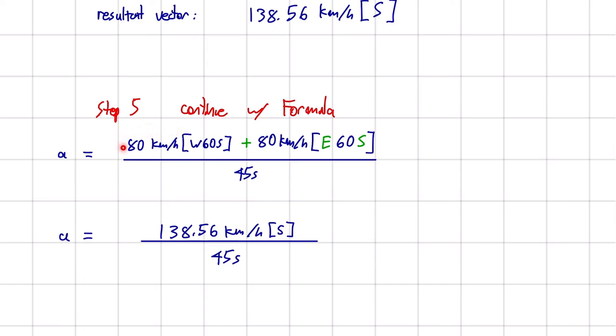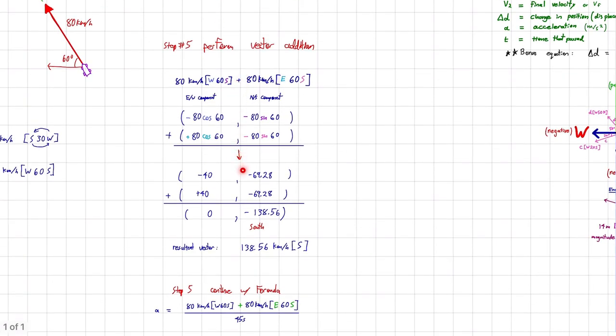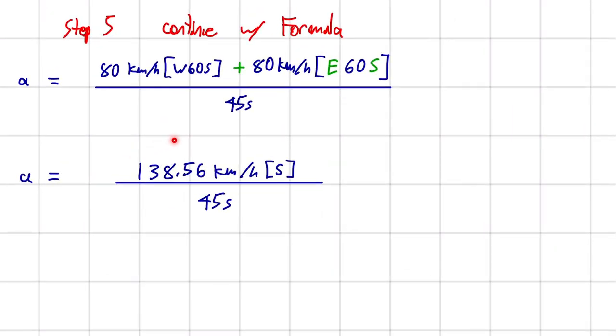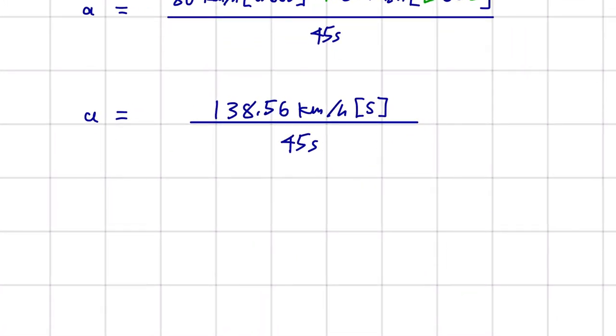So remember, we found this vector addition through these steps to find our resultant, and now we're plugging that value into our formula. And now it's just a matter of plugging this into our calculator, and I encourage you to try this along with me.